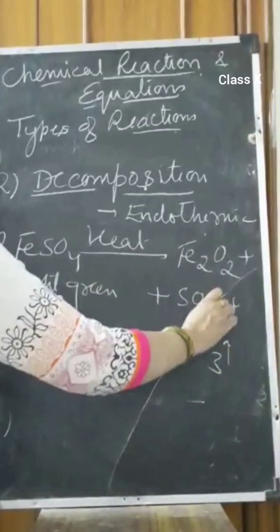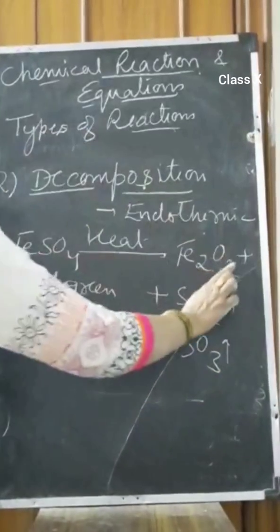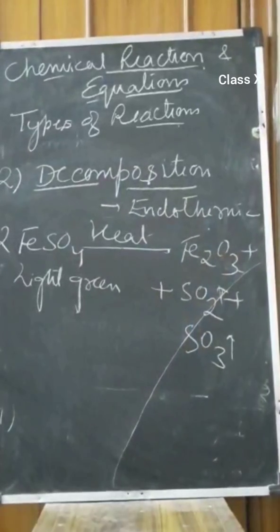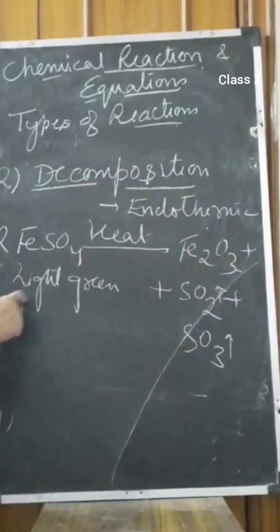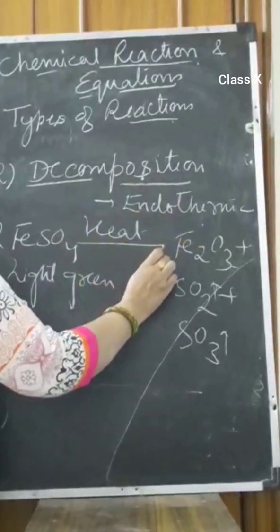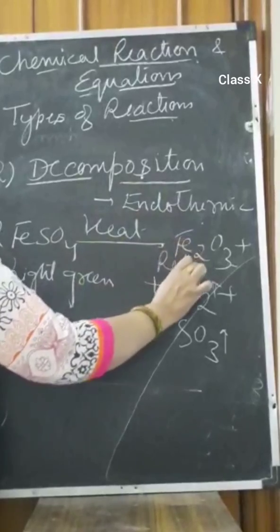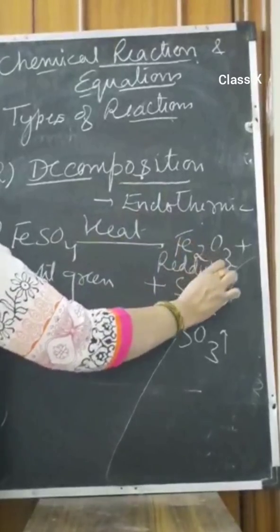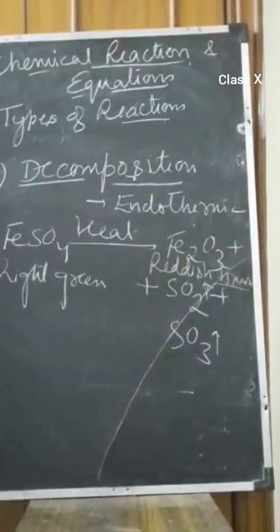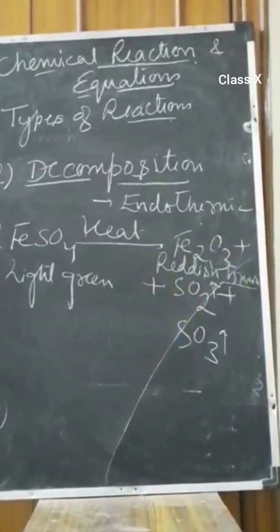These two are gaseous in nature. Fe2O3 is called ferric oxide. The ferrous sulfate is light green in color, and when heated it becomes reddish brown. So that also tells us the reaction is complete.